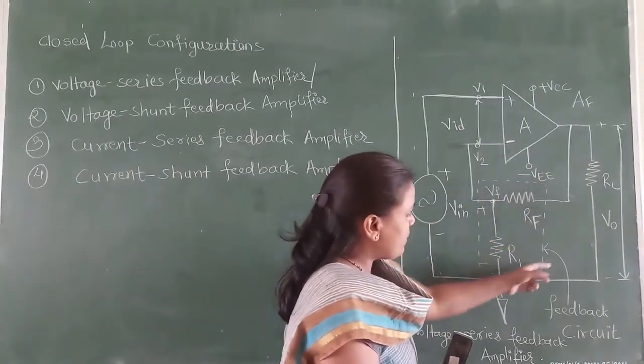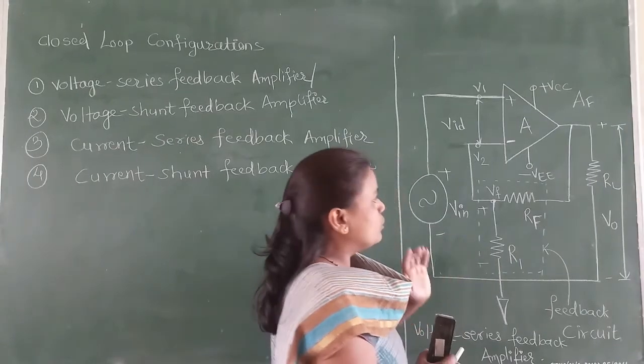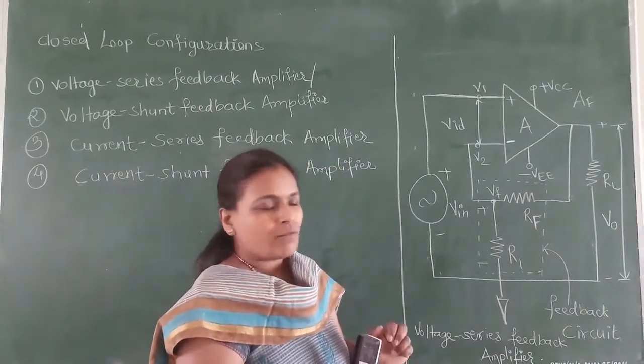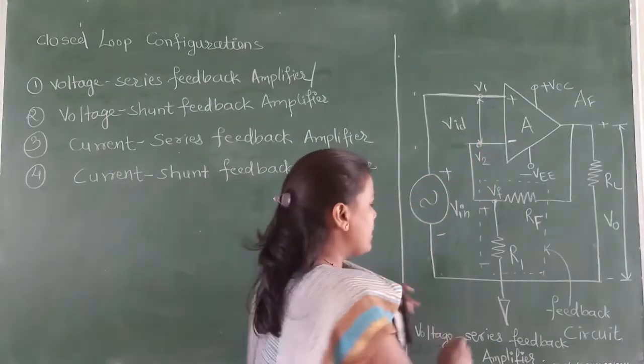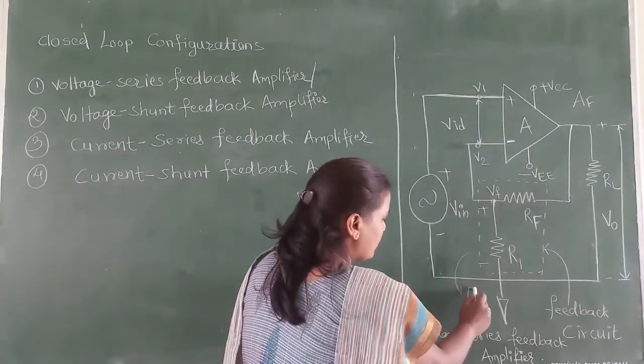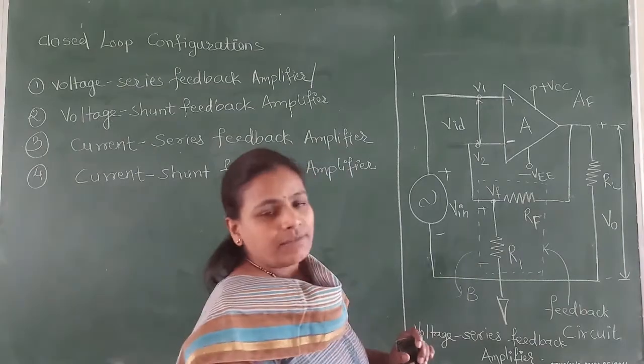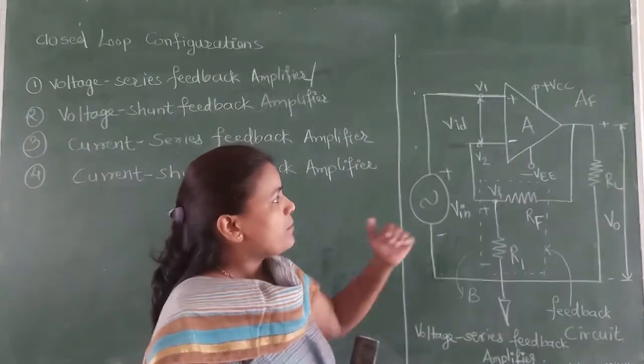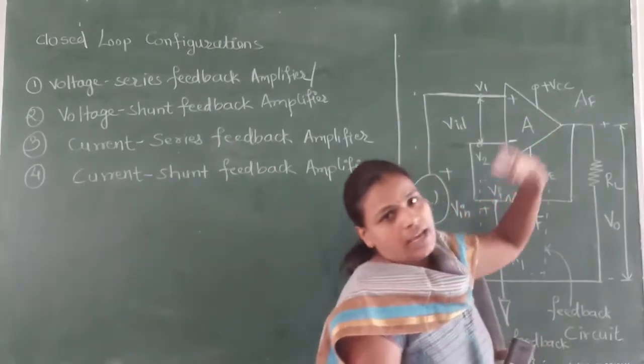This is your feedback network. For this circuit we have to find the feedback voltage gain AF and the gain of the feedback network B. First we'll see the gain with feedback AF.